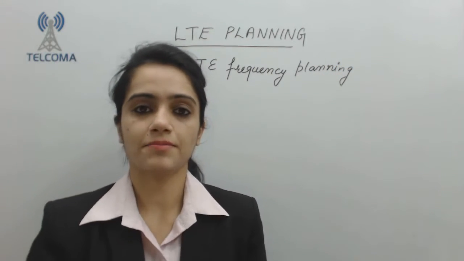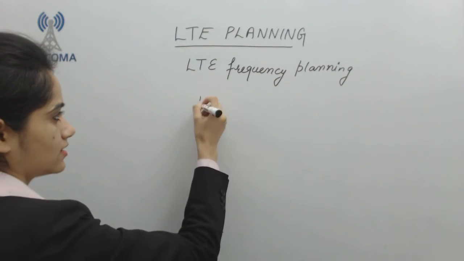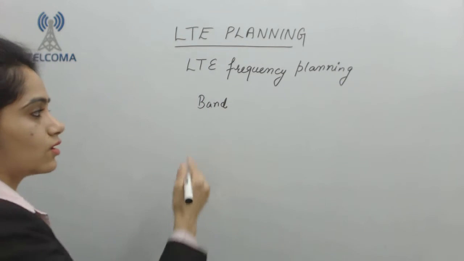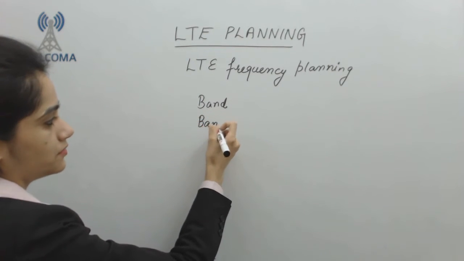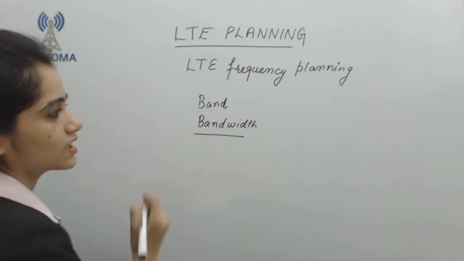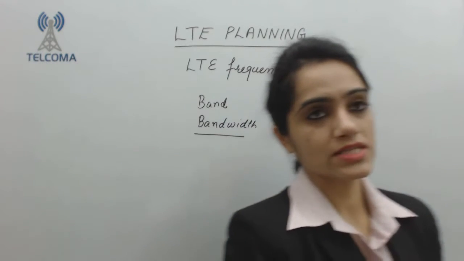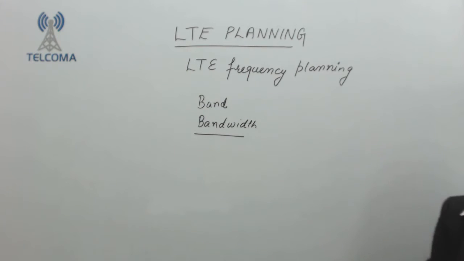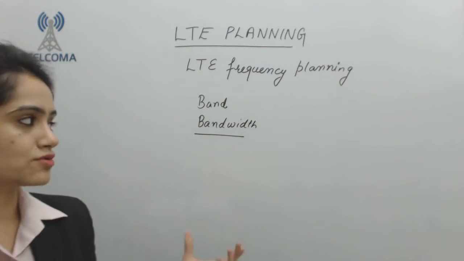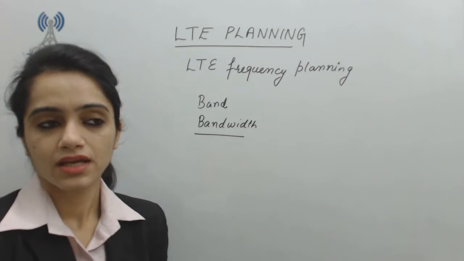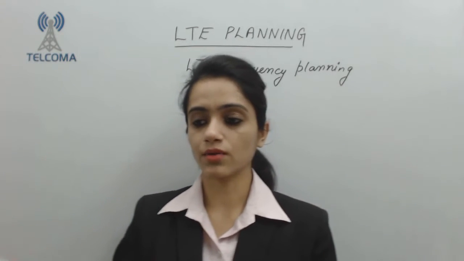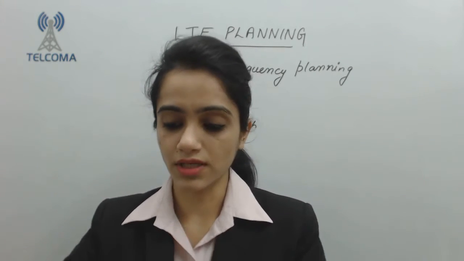Frequency planning means we require a band, and then accordingly we need to decide the bandwidth. So for frequency planning we require a band, and according to the band we need to specify the bandwidth. Frequency planning means you are planning the bandwidth allocated as well as the frequency allocated.